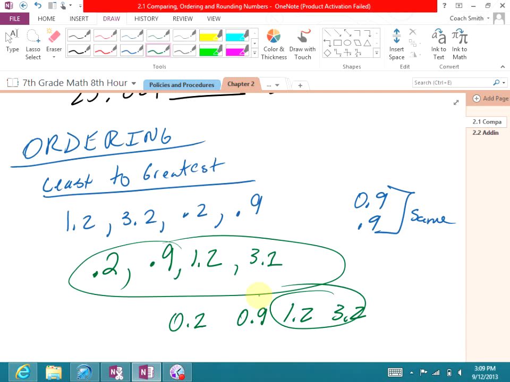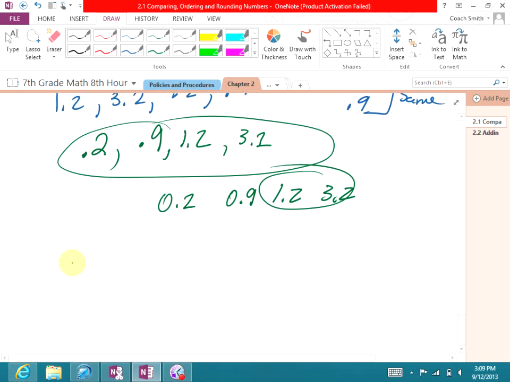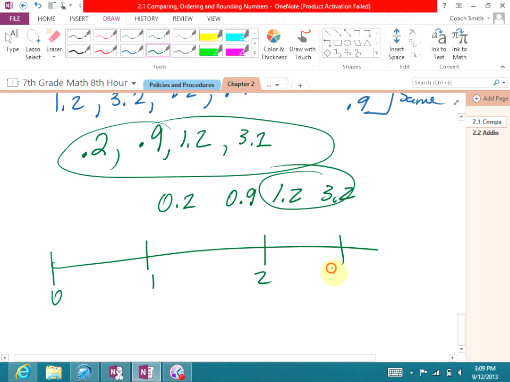So if you think of a number line, and here's 0, here's 1, 2, 3. Then 0.2 would be back here. 0.9 would be there. 1.2 would be here. And then 3.2 would be there. That's what it would look like on a number line.